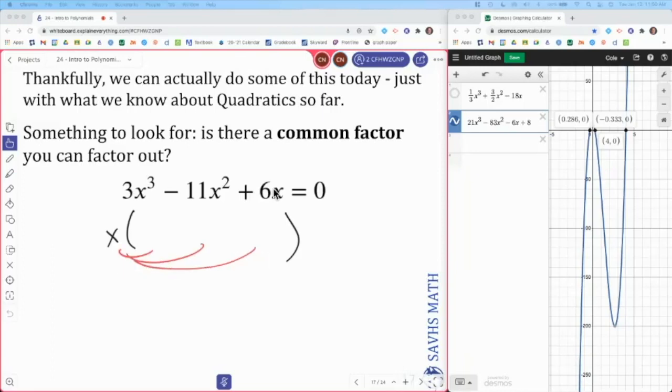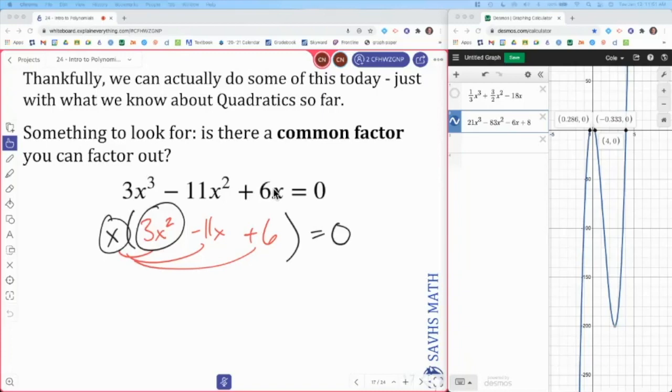And the question is, what would I have to put inside the parentheses so that when I distribute it back through, I get the same thing again? So I think I'm going to have a 3x squared here, because remember, x times 3x squared gives you 3x to the third. I think I need a negative 11x, and I need a 6.